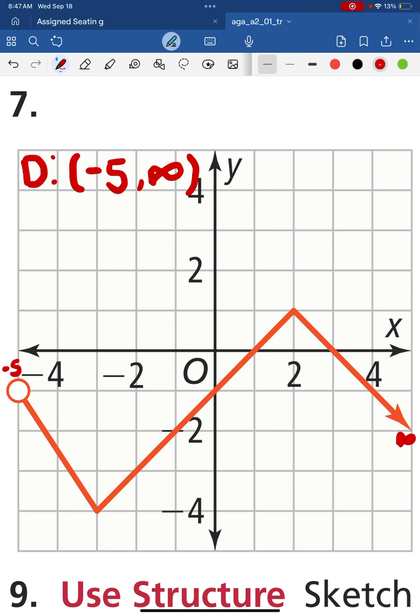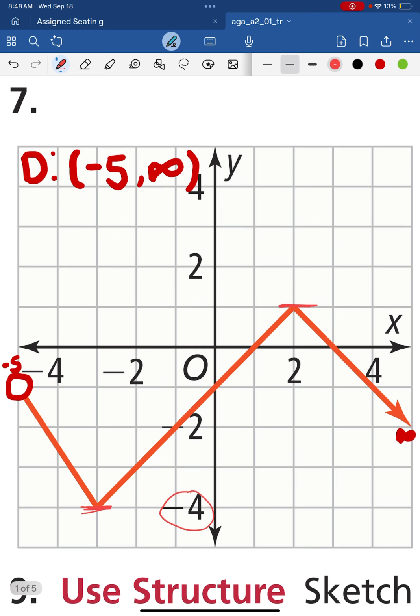Now, I use parentheses over here because it's an open circle. And you know that you can never include infinity. All right, moving on to my range. My range is my smallest y value. So if I'm looking at my graph, my smallest y value happens down here, and my largest y value happens up here. The y value at this small point is -4.